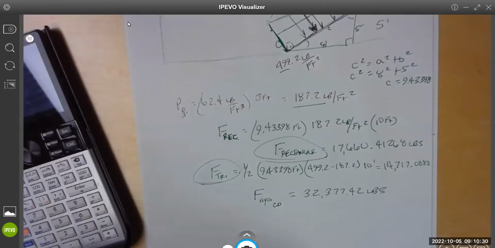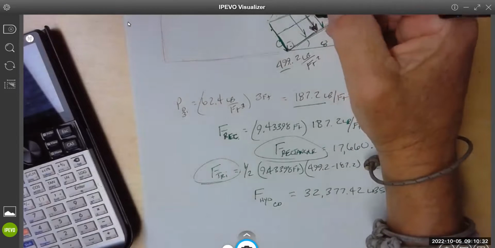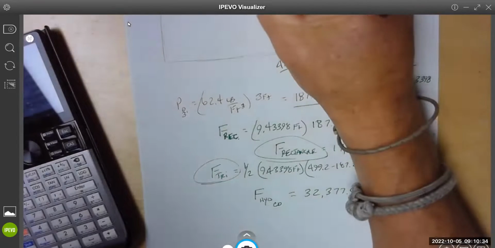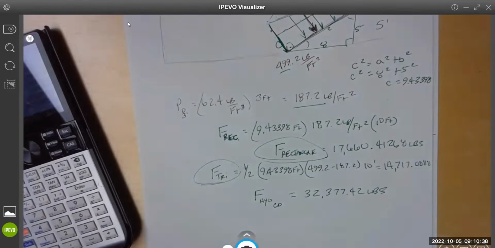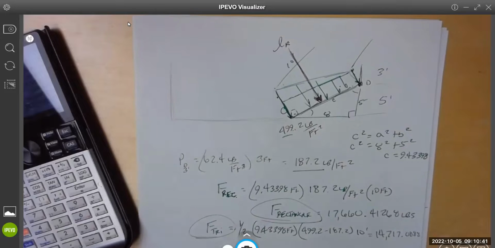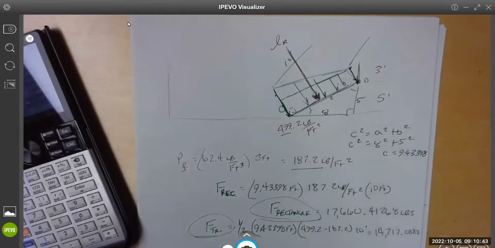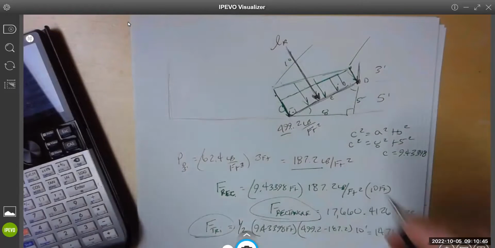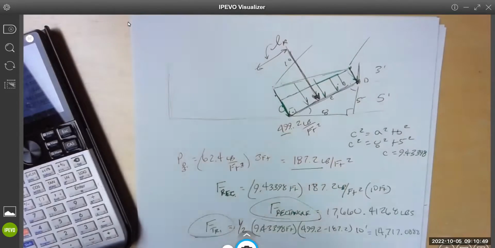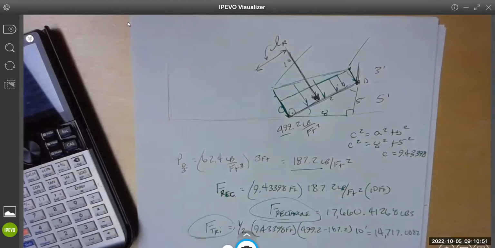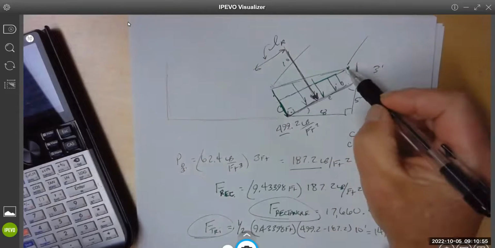So they call this L sub R, the resultant location. Oh, actually, it's this distance. That's L sub R. So it is from the tall side to the short side.